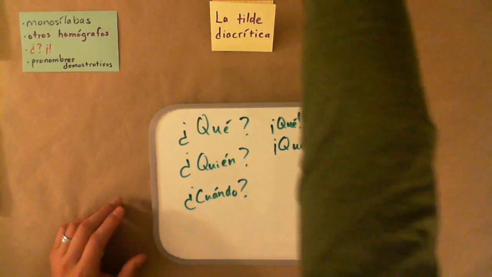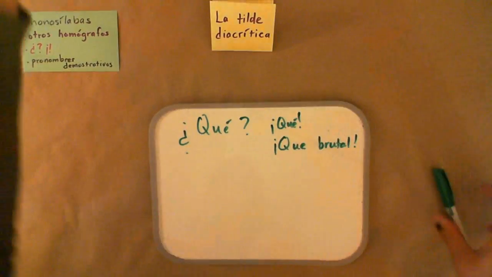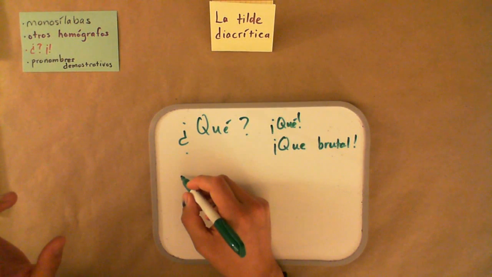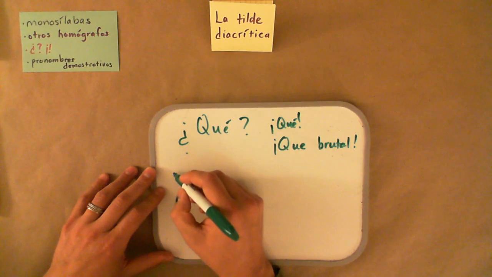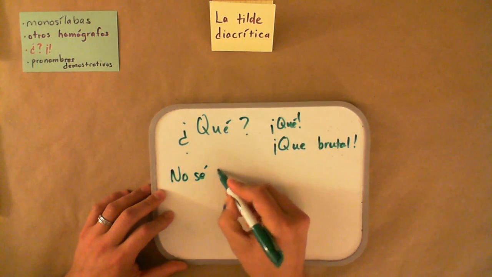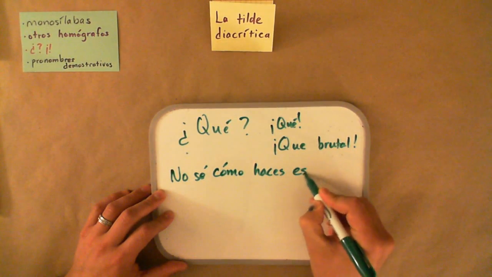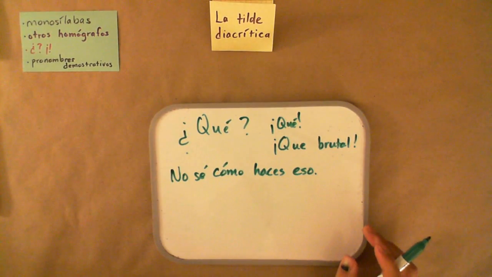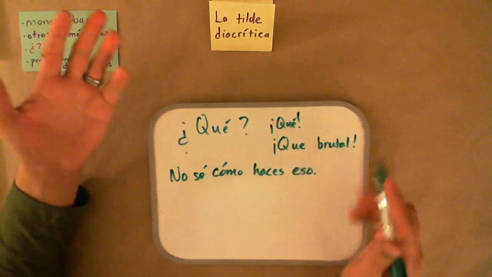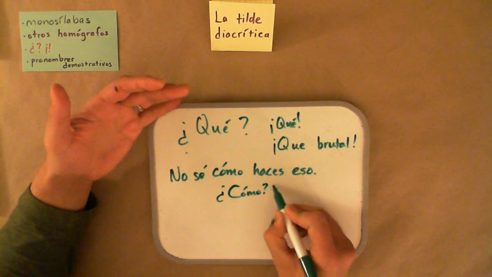Likewise, a more subtle usage of this is in the middle of a sentence. For example, if you want to say I don't know how you do that, you'd say no sé cómo haces eso. I don't know how you do that. The reason is that this cómo comes from the question ¿cómo?